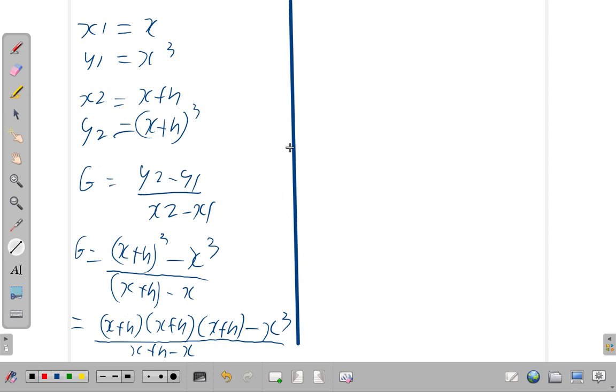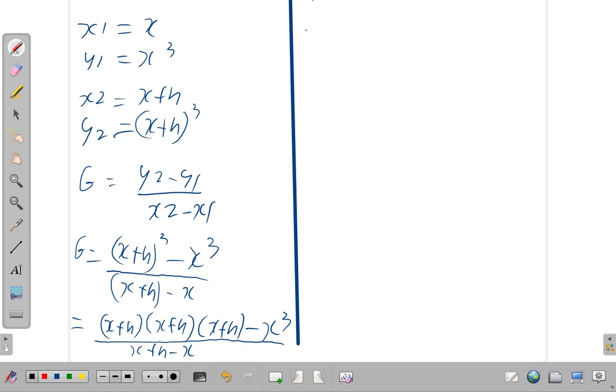So what we have here is x plus h times x plus h. Let us multiply the 2 of the x plus h together first. x plus h times x plus h. We have x times x is x squared.